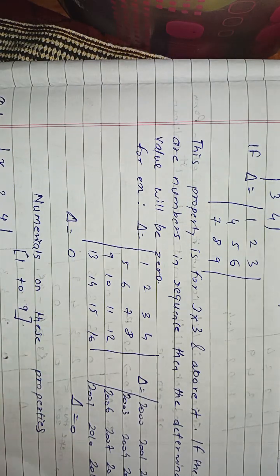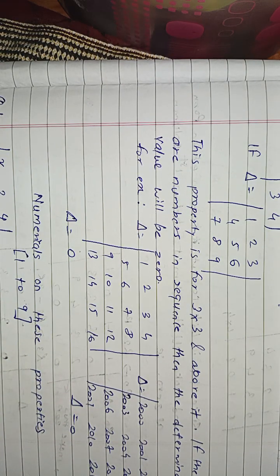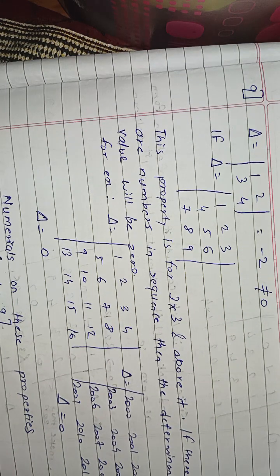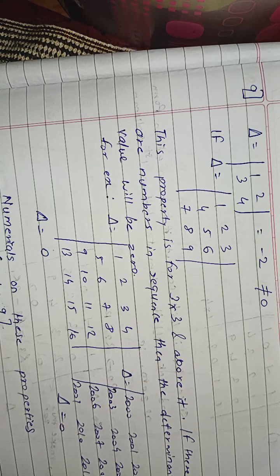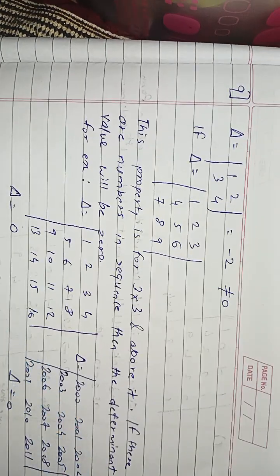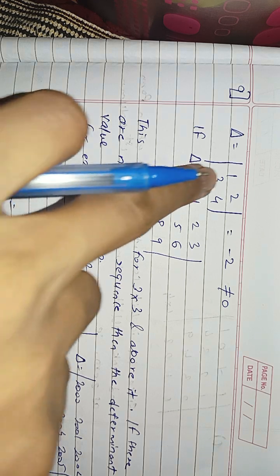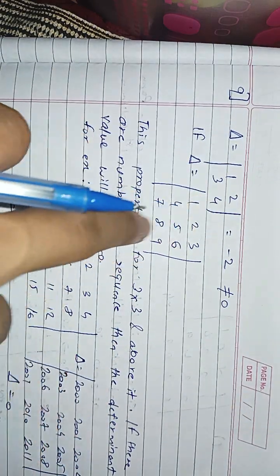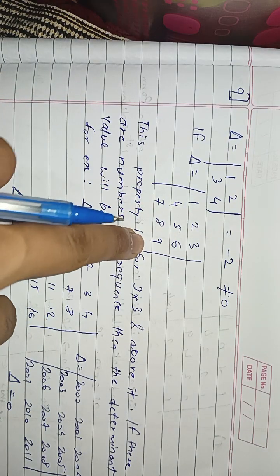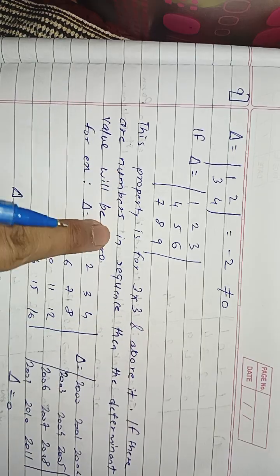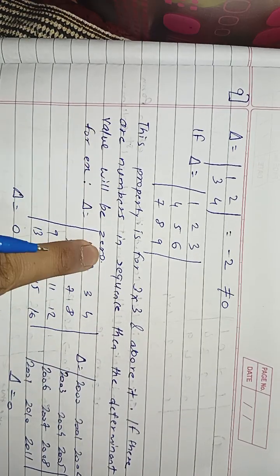So the ninth property of determinants is: if there is a sequence in a matrix, like 1 2 3, 4 5 6, 7 8 9, for a 3 by 3 matrix, if the numbers are in sequence, then the determinant value will be 0.